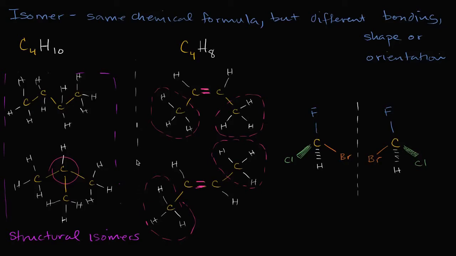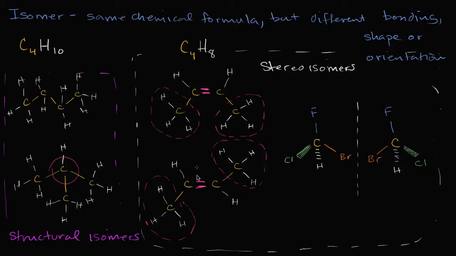So we're caring much more about how things sit in 3 dimensions. We don't just care about what's bonded to what. And actually this one, as we'll see, is also a stereoisomer, because this carbon is bonded to the same things in either case. So these are both stereoisomers.